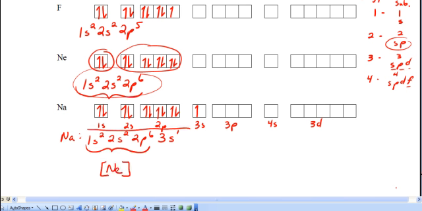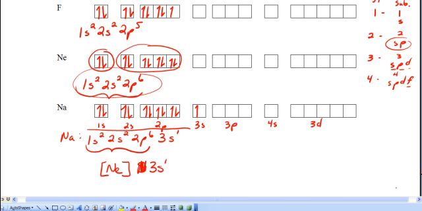The inner electrons look just like neon's, and then the outer electrons are called valence electrons, which would be reported as 3s1. So the noble gas configuration for sodium is a neon core, 3s1. It's a shorter way of writing the configuration.